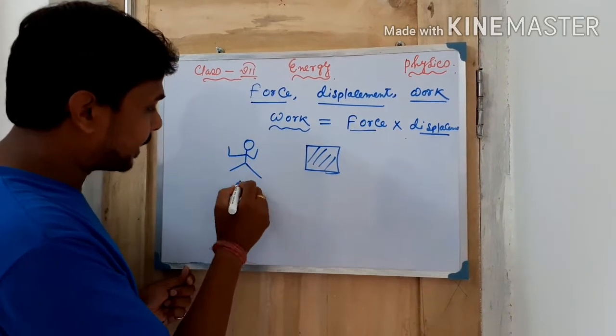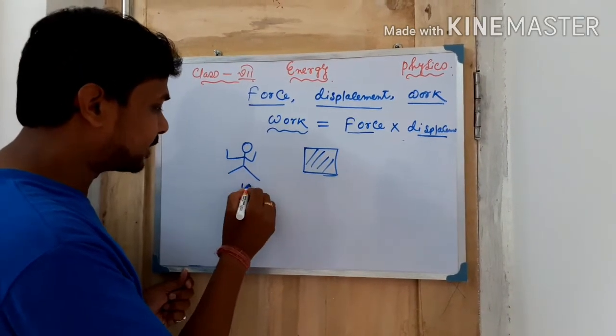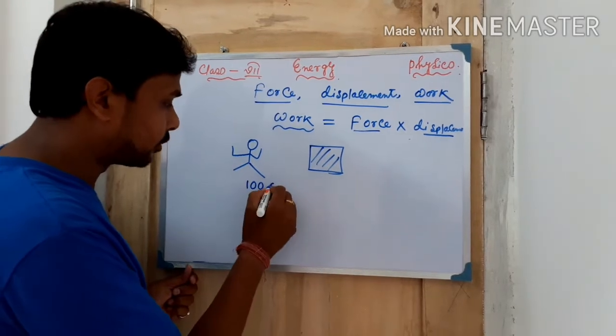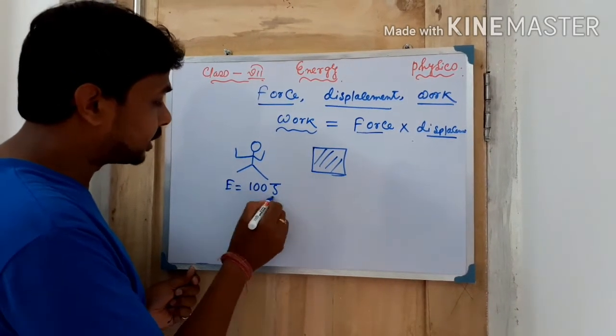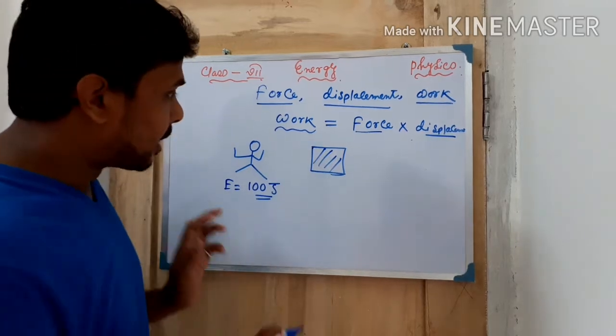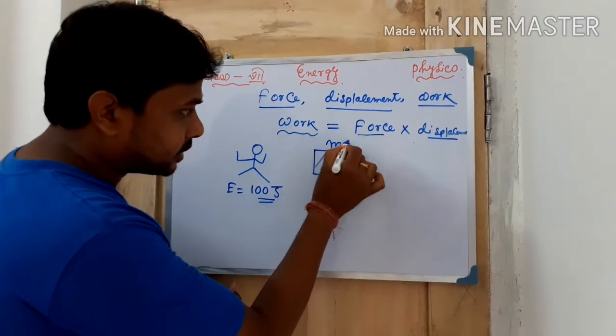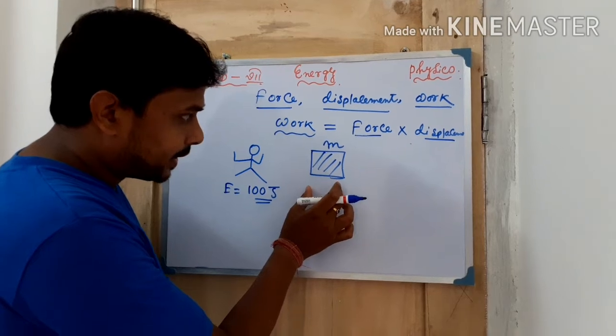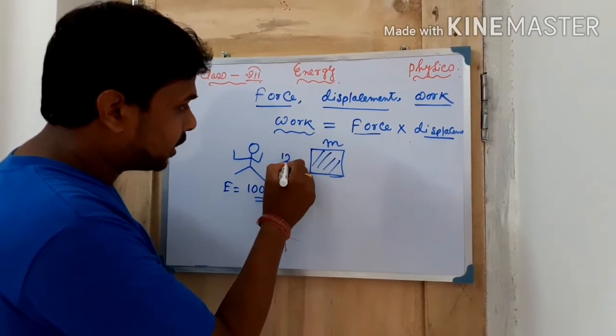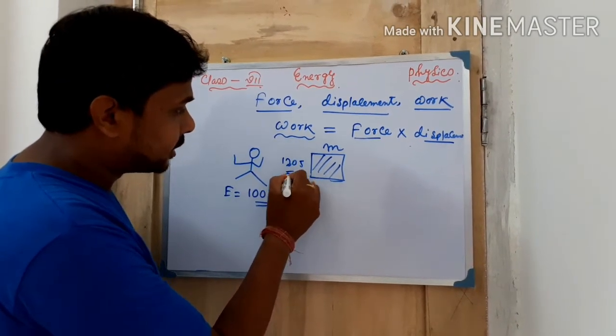This person has some amount of energy, and the energy unit is joule. Maybe the energy of the body is equal to 100 joule. But if you want to displace the body, just try to understand this, it is very important: 120 joule of energy is required.